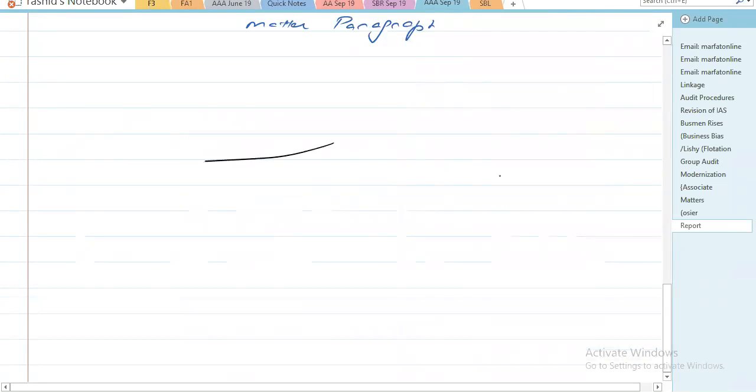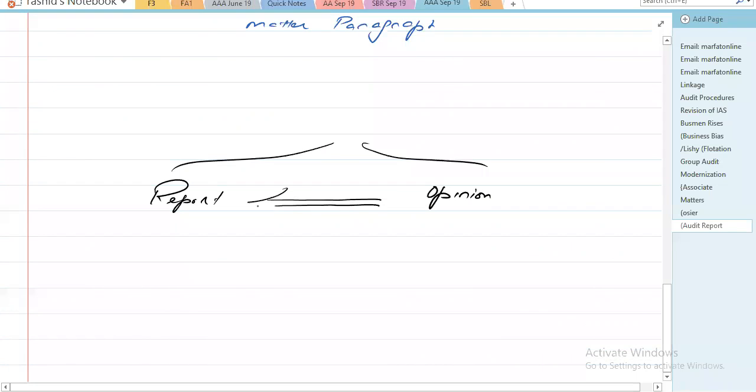When we're discussing, there are two types, report and opinion. Now, obviously, where is the opinion given? Opinion is given in the report, or where you are going to express your opinion. So obviously, you are going to express your opinion in the audit report. The auditor's opinion will be in the auditor's report.